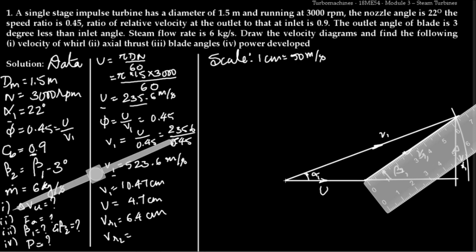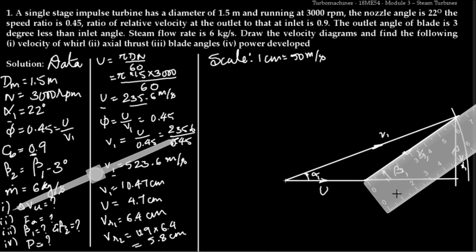VR2 will be equal to 0.9 times 6.4, which is approximately 5.8 centimeter. We get 5.76 centimeter, so that can be taken as 5.8 centimeter.